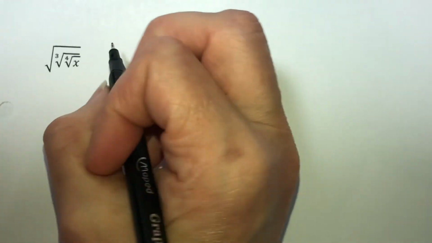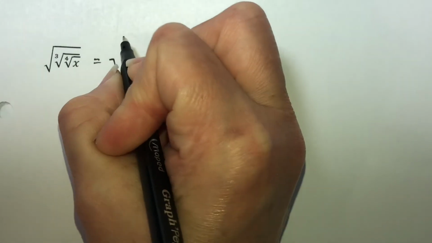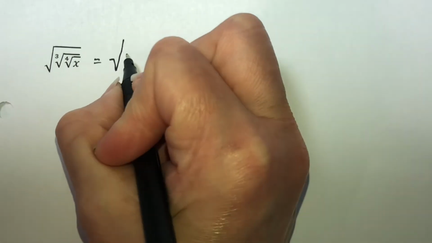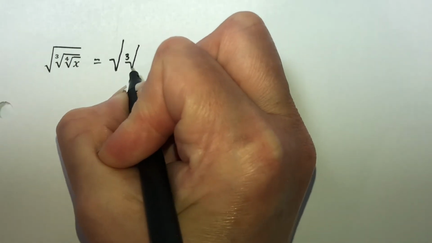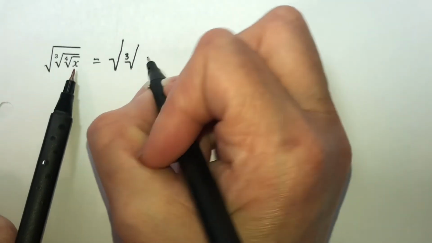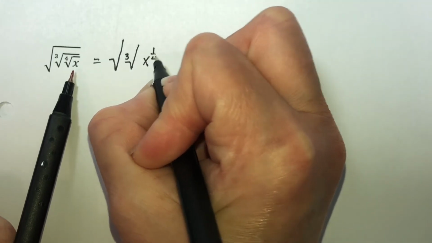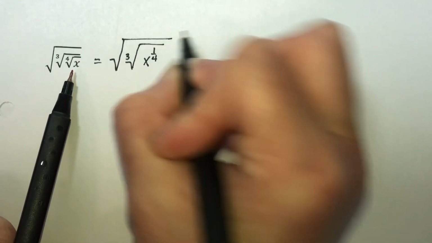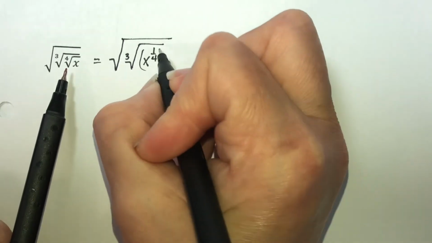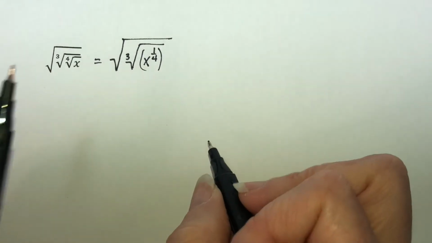I'm just going to have to take care of the denominators. So I'm going to write this out step by step, just so you can see what's going on. I have the square root of the cube root of, this is going to be x to the 1/4. Okay, and I'll put this in parentheses to make it look a little bit easier.